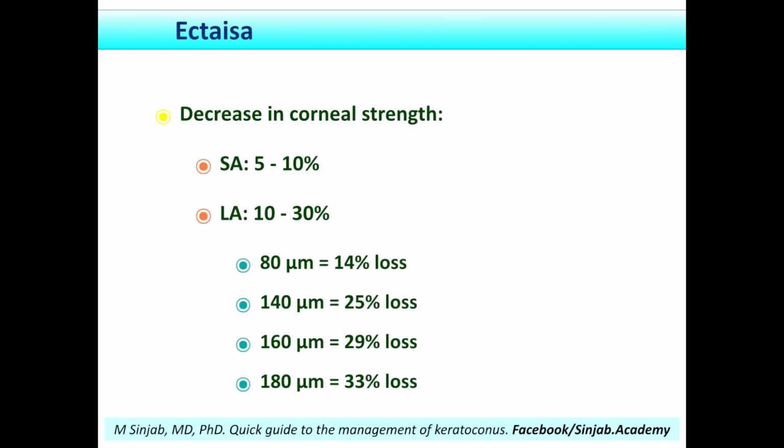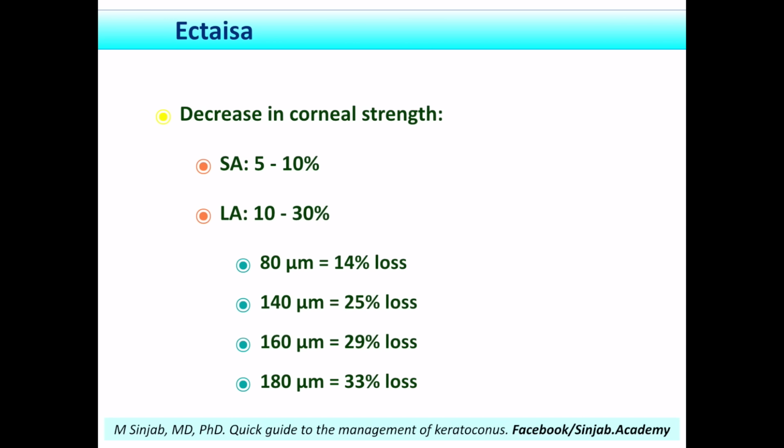It has been found that the corneal strength decreases by 5 to 10% when we do surface ablation, such as PRK, trans-PRK, epi-LASIK, subbowman keratomileusis.